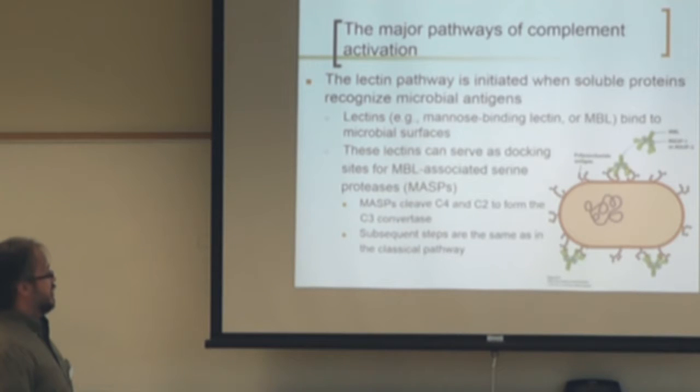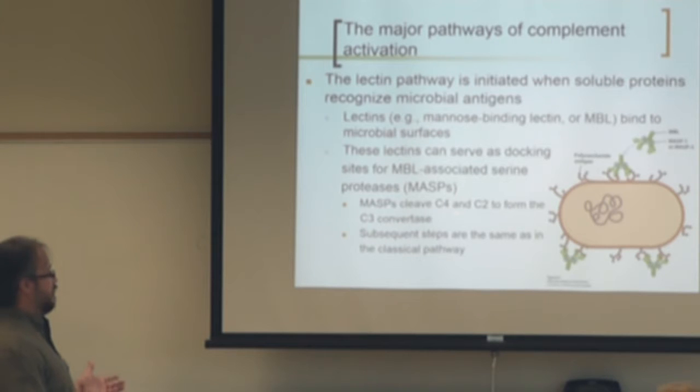MBL binds, and instead of the C1r and C1s, it has these MASP1 and MASP2. MASP2 is the one with the enzymatic activity, just like the C1s. The MASPs cleave C4.